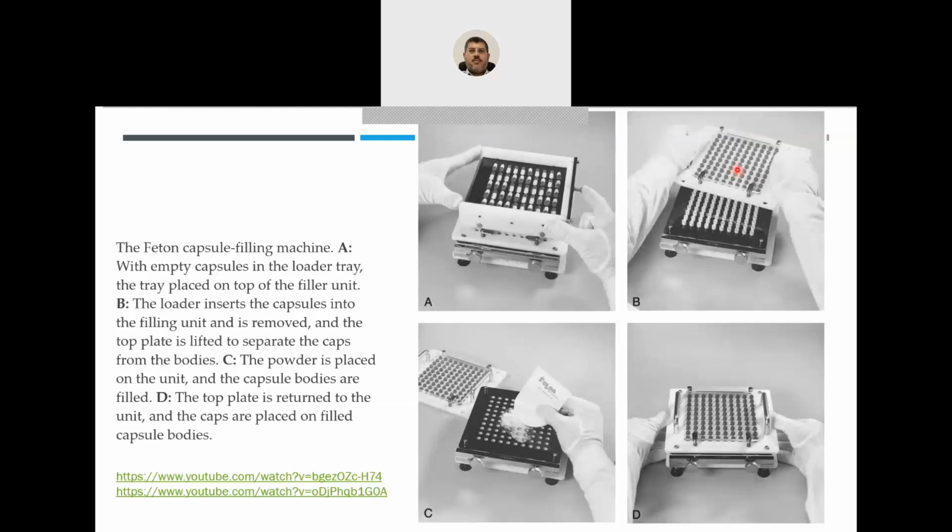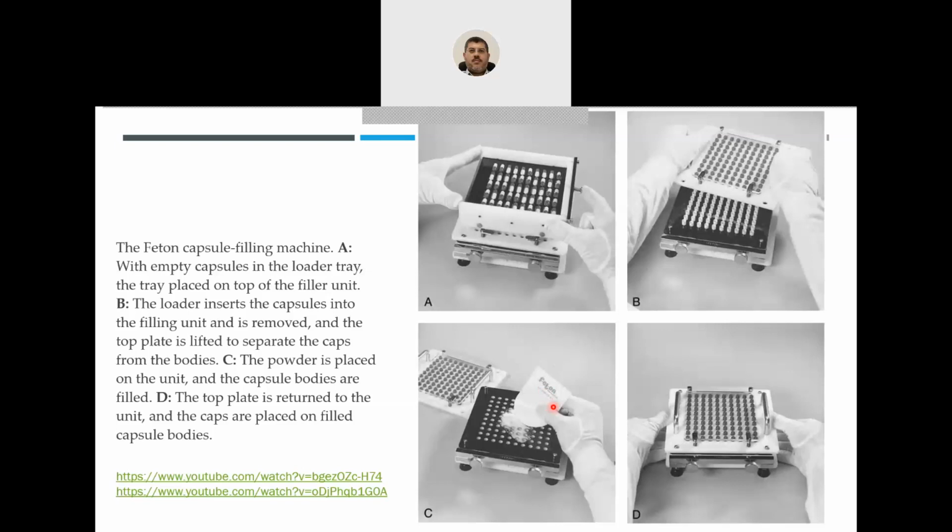Then you get the upper part of the capsule into this loader tray. Okay, so when you get your capsules open, the next step is to fill them with the powder or granules. You just pour on the plate and keep spreading it with a piece of paper or plastic, or you can use a spatula as well.